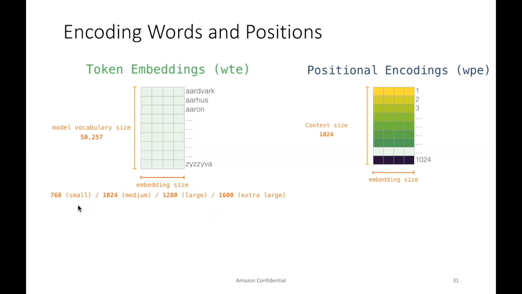Small details about these GPT and BERT models. When this number of columns is 768, then it's usually a small or a medium model. While if it is 1024 or 1280 columns, then it's a large model, and 1600 basically means extra large models.